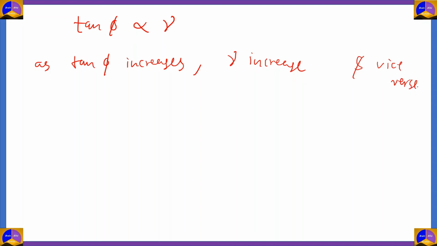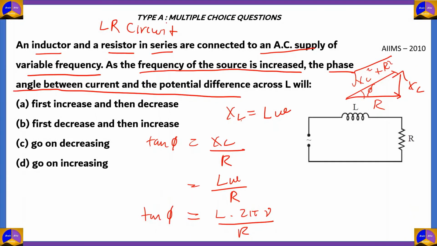So if we are able to increase the frequency of the source, then we are also able to increase the tangent ratio of the phase difference phi.